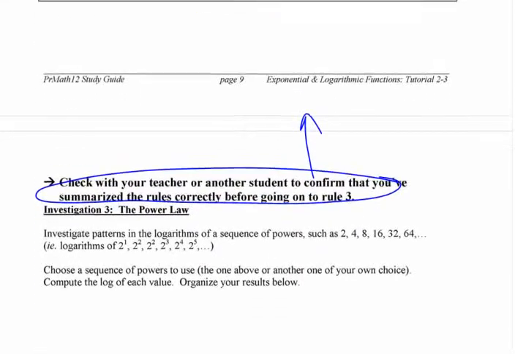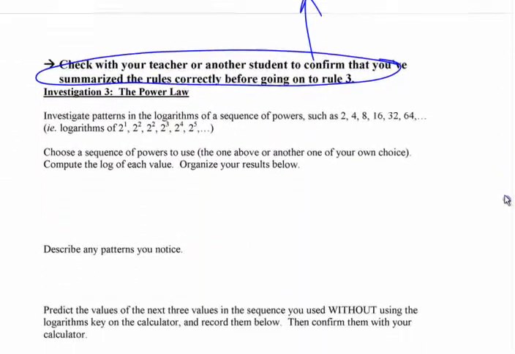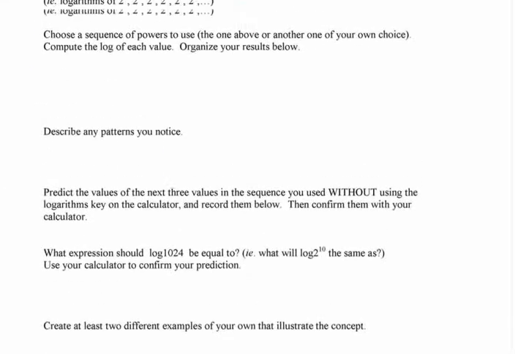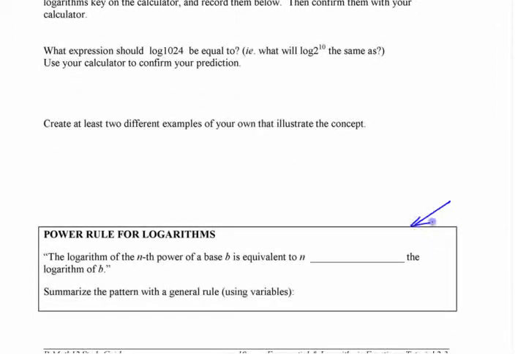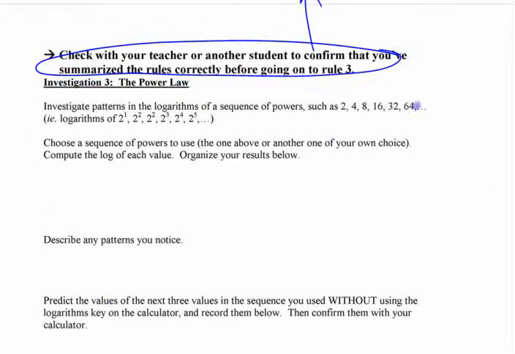The third one here, this power law. Again, hopefully you've had a chance to write out some of those things here. This one's more difficult to see what the relationship is, or maybe not to see what the relationship is, but to be able to write out the law in the end here. If you do logarithms of these numbers, those are all powers of 2.